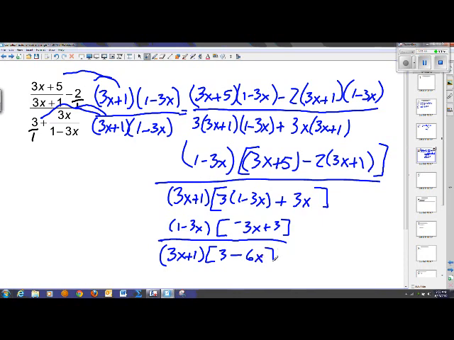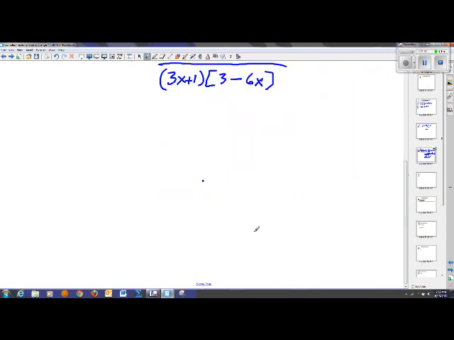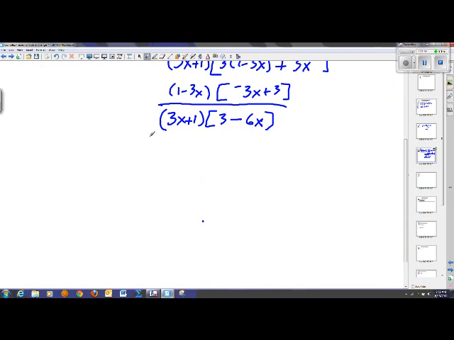In Algebra 2, all over the place again, we've got terms that we're going to factor. So as I factor that, we notice in the numerator, I have 1 minus 3x. I can pull out, let's pull out negative 3, and I have x minus 1.